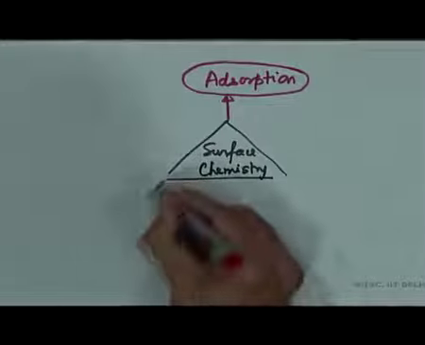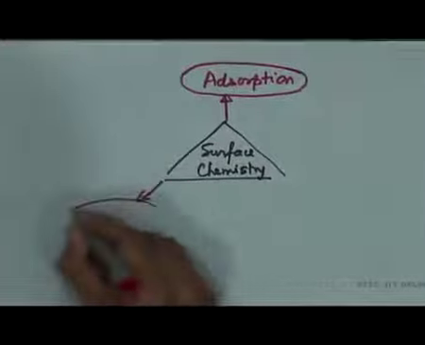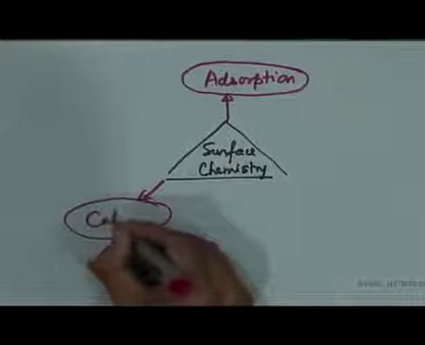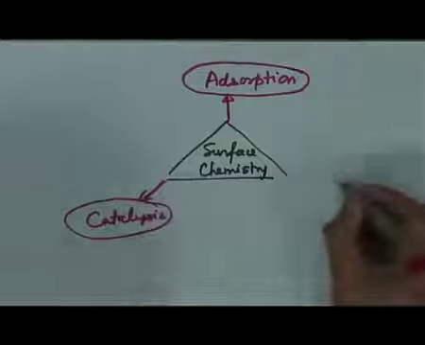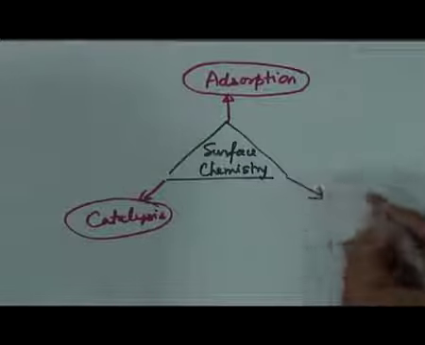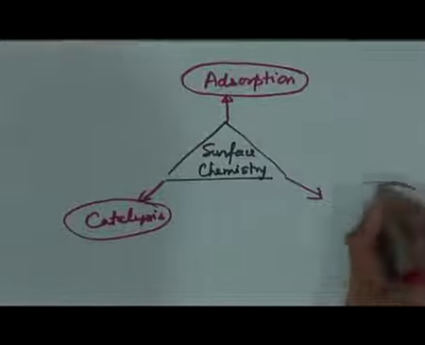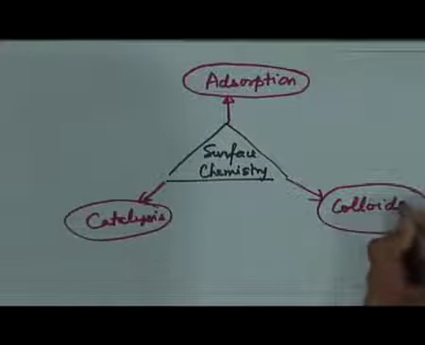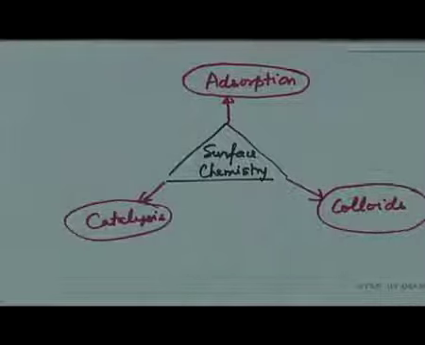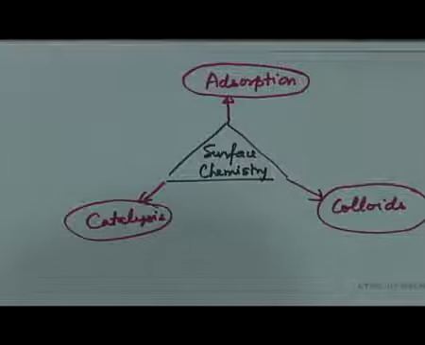Then there is a section on catalysis, and a third section, well, more than one section, on colloids. So, the 3 portions that figure in this chapter on surface chemistry primarily are adsorption, catalysis, and colloids.